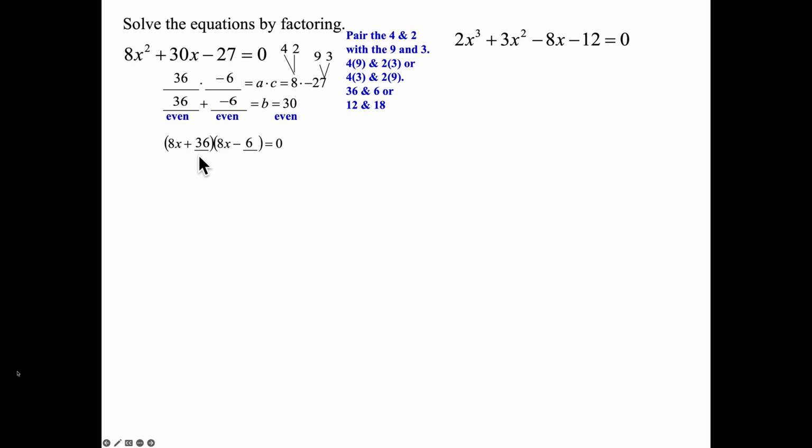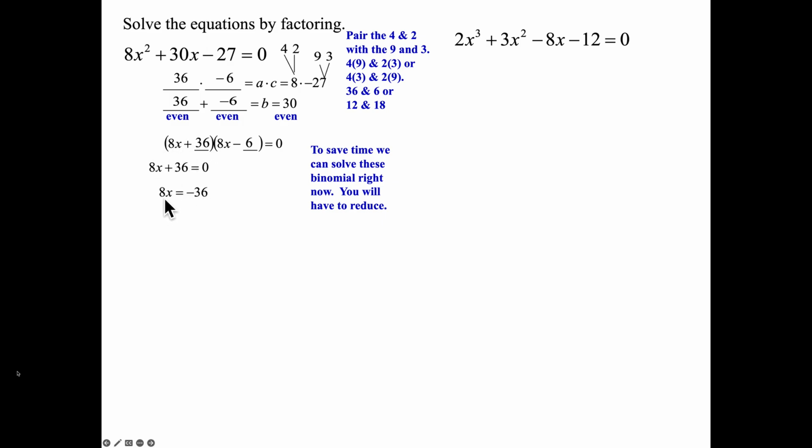And now, normally you can take out your GCFs, but here's a shortcut. To save time, because you're setting this equal to 0, it doesn't matter if you take out the GCF or not. You will take out the GCF within the work. So if I subtract over, oh wait, let's back up. The GCF here between 8 and 36 would be a 4. So now watch where the 4 is removed.